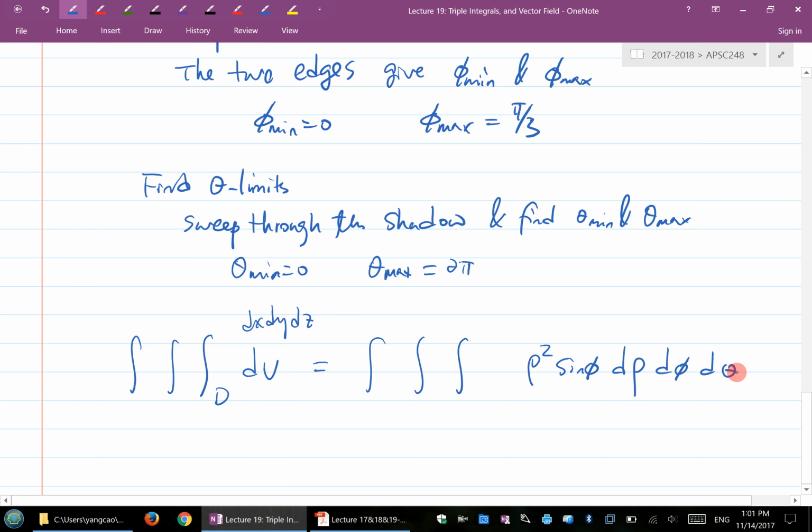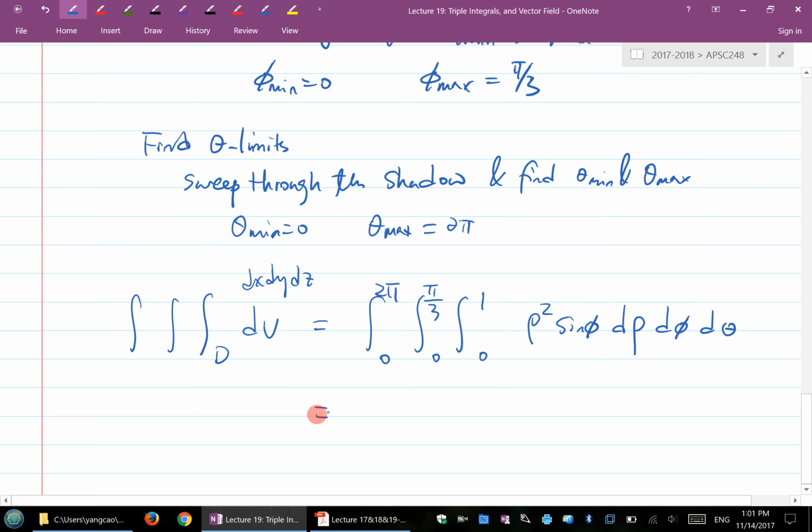The first limit is rho, which is 0 to 1. The second limit is phi, 0 to pi over 3. And last, theta is 0 to 2 pi. That's the setup for this triple integral.